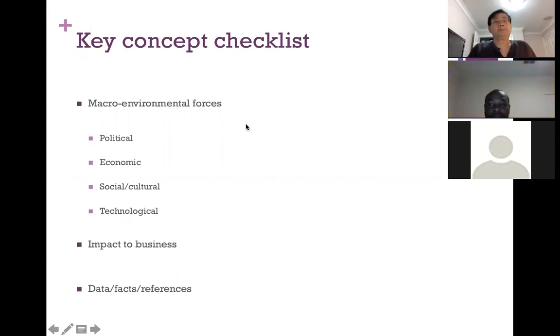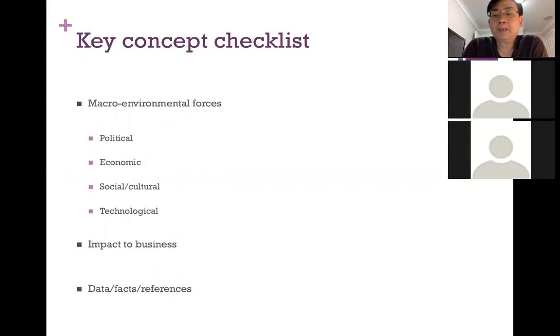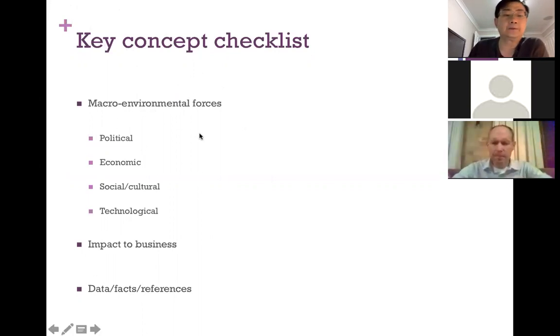Okay, right. So just briefly, the key concept checklist from the previous session. We discussed the macro environmental forces. That includes the political, economic, social, cultural, and also technological.